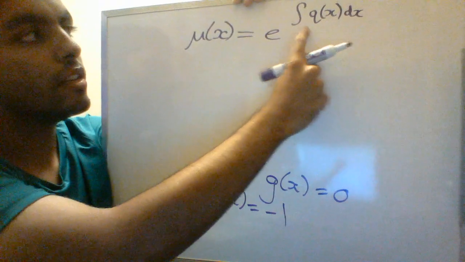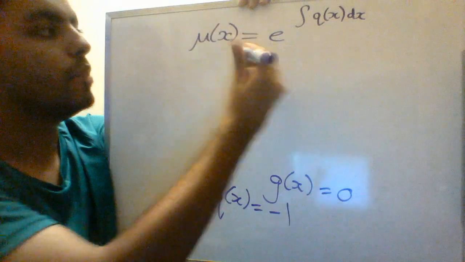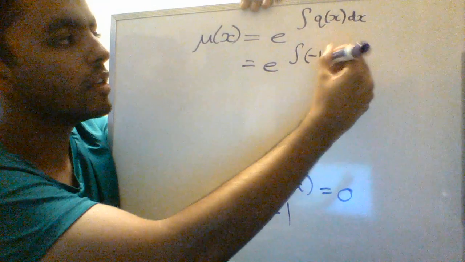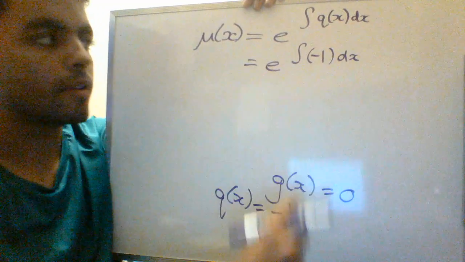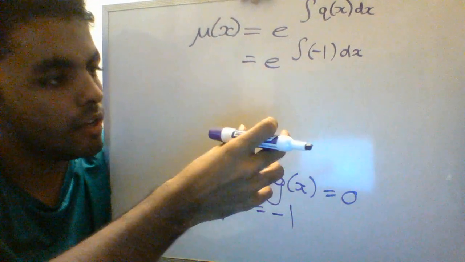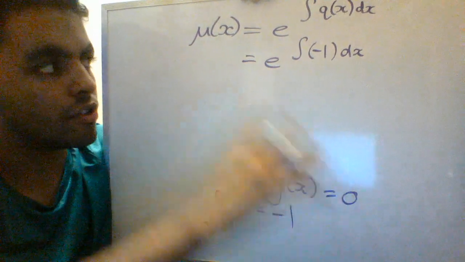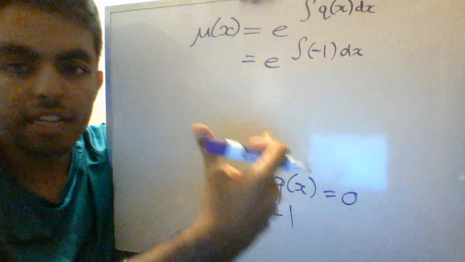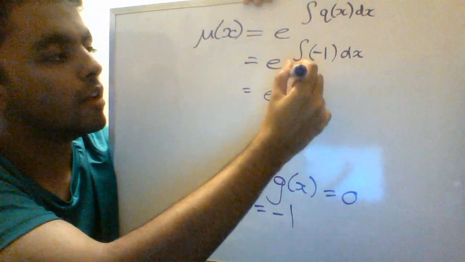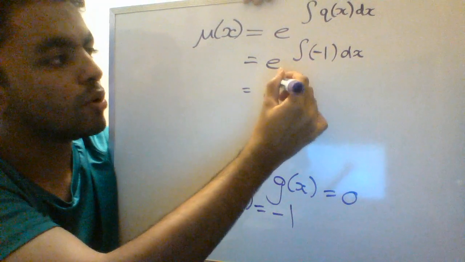So this e to the integral of q of x dx becomes e to the integral of negative 1 dx. Now, if you have just a constant in the integral, the integral of a constant is that constant times x. Alternatively, because numbers tend to not matter as much in derivatives and integrals, you can pull the negative 1 out.